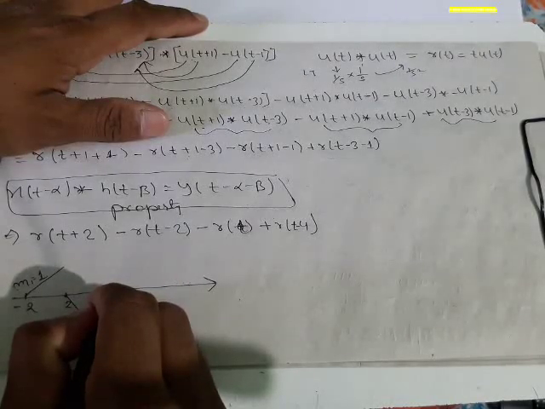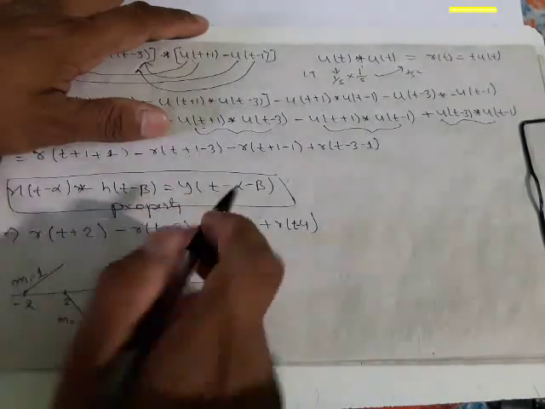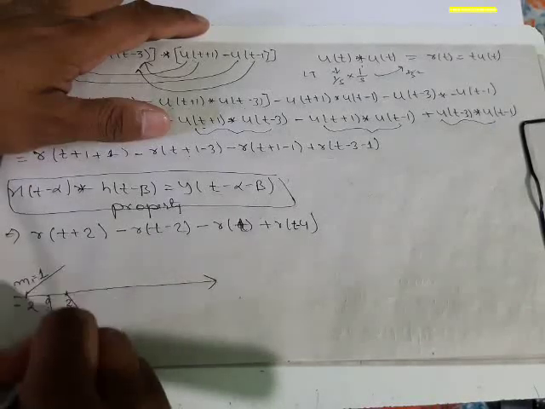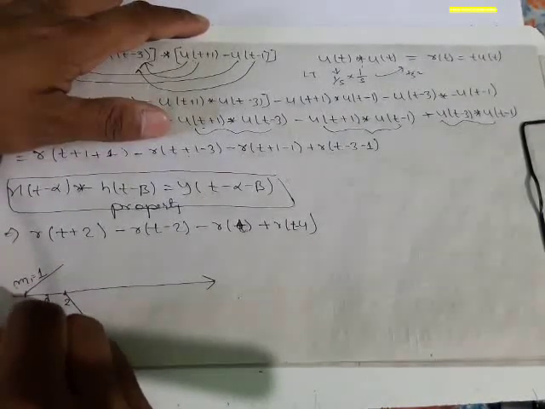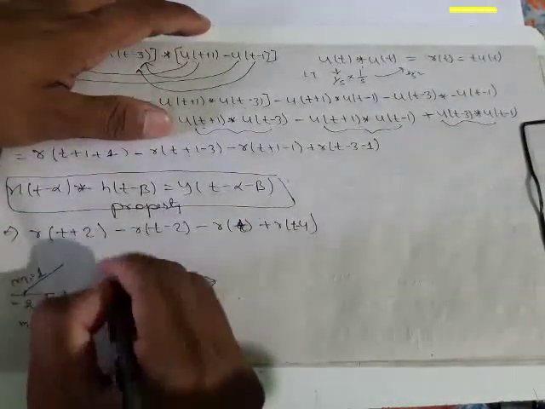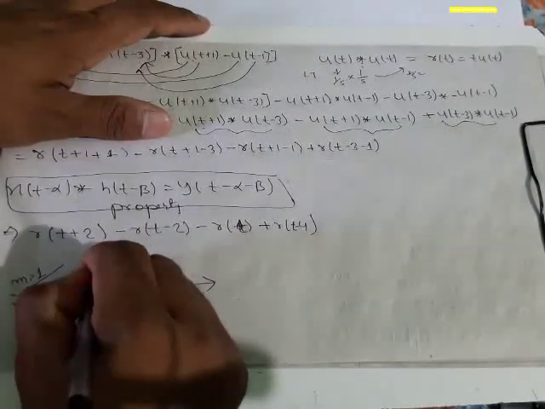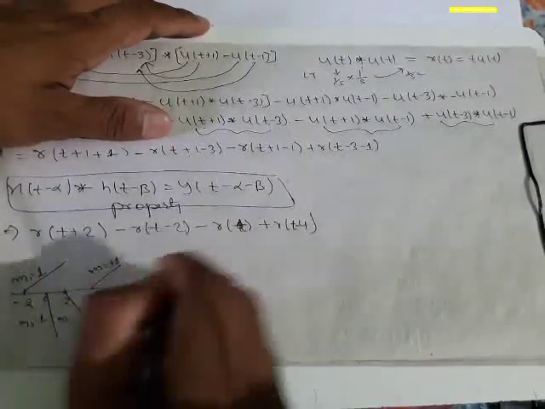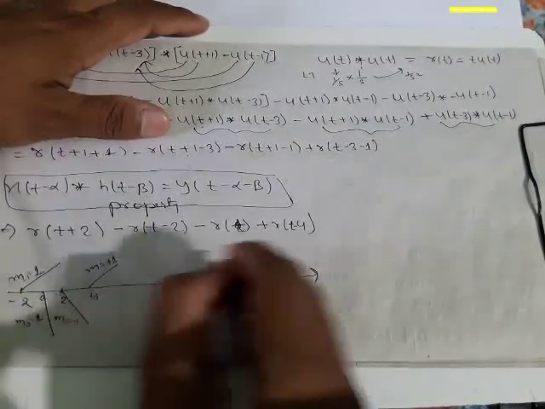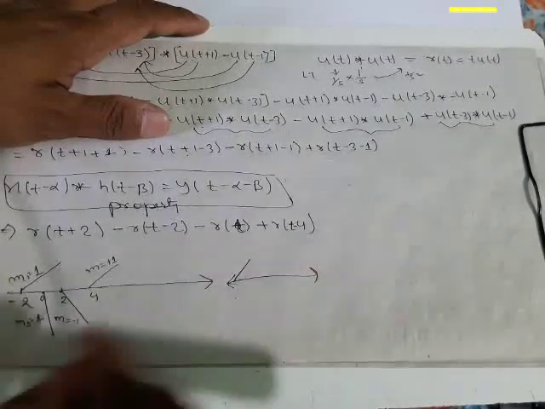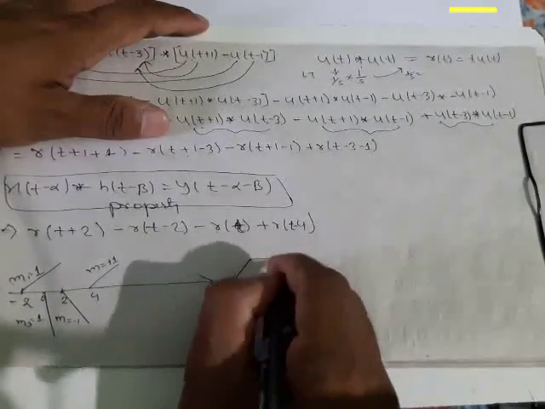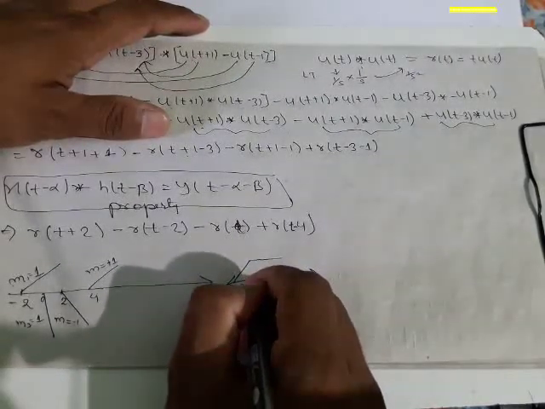Okay, so what we have concluded from the above figure is that the convolution of two unequal length rectangular pulses is a trapezium. If the length is the same, then the resultant is triangular.